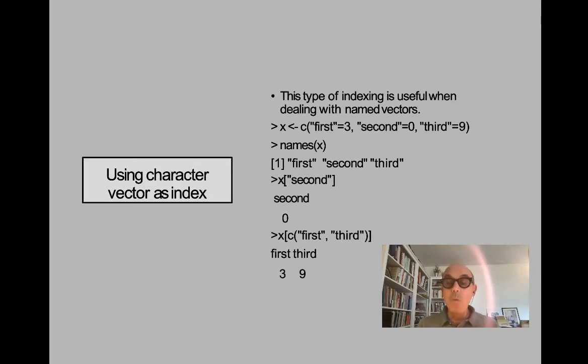But when I ask, okay, give me the second, it will present to me the value using the character vector as an index, and in this case it will equal 0. And if I combine the first and the third, it will give me 3 and 9.